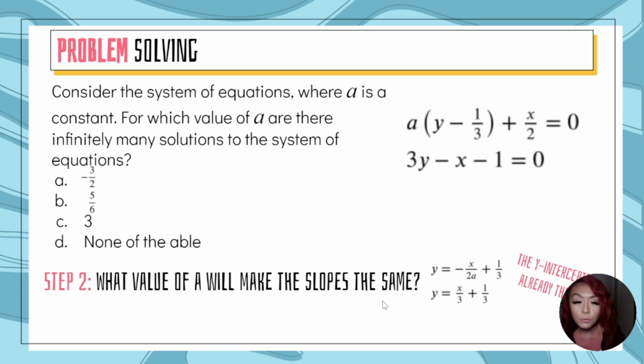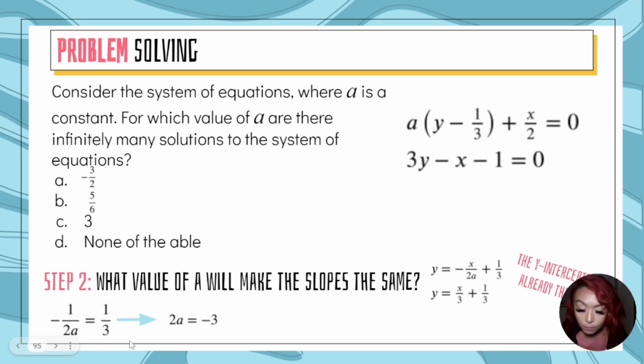So all we're going to do is set the slopes equal to each other: -1 over 2a equals 1 over 3. The slope of the first line is -1 over 2a, and the slope of the second line is +1 over 3. So we set the two slopes equal to each other, and we'll just solve for a.